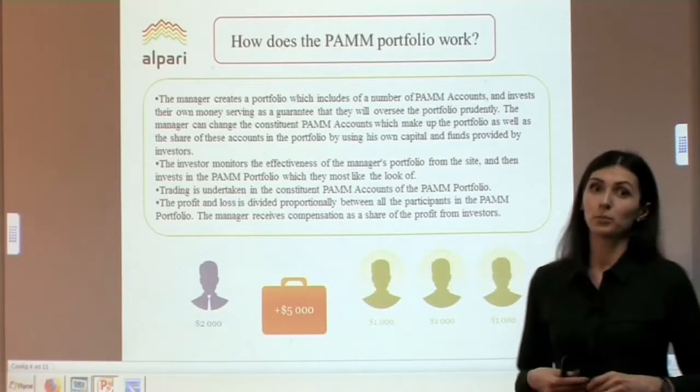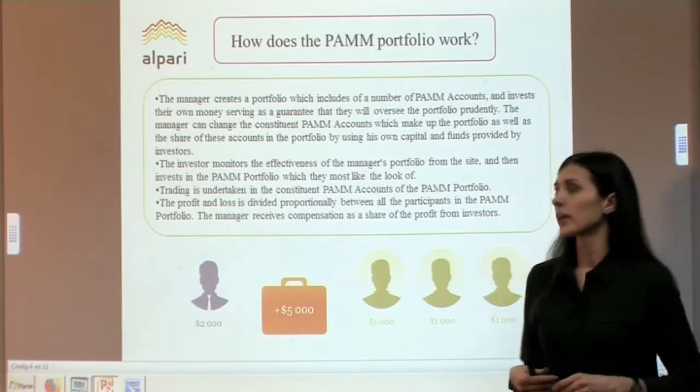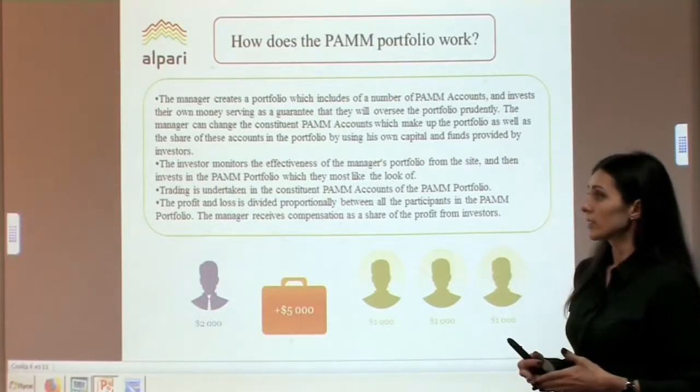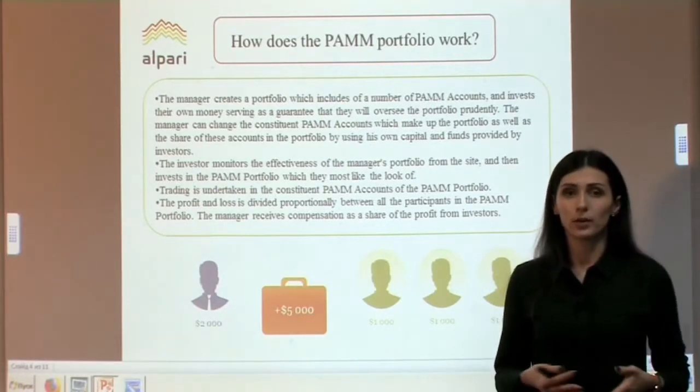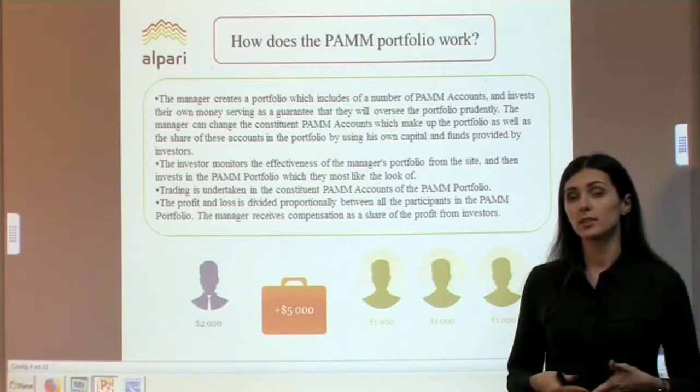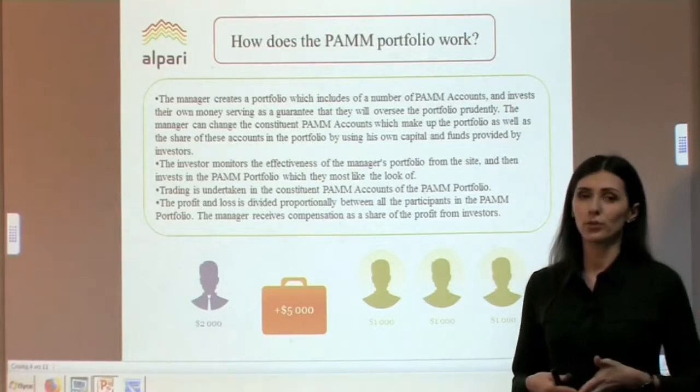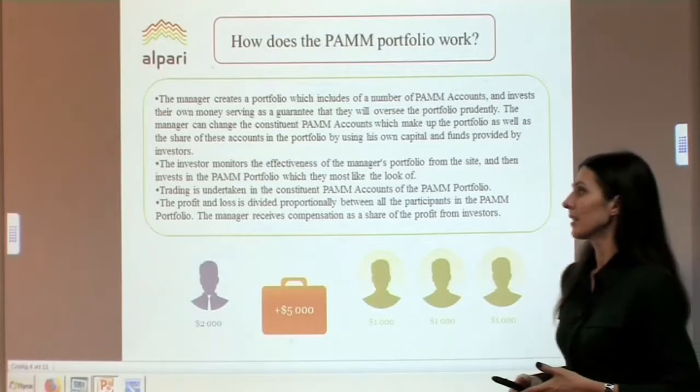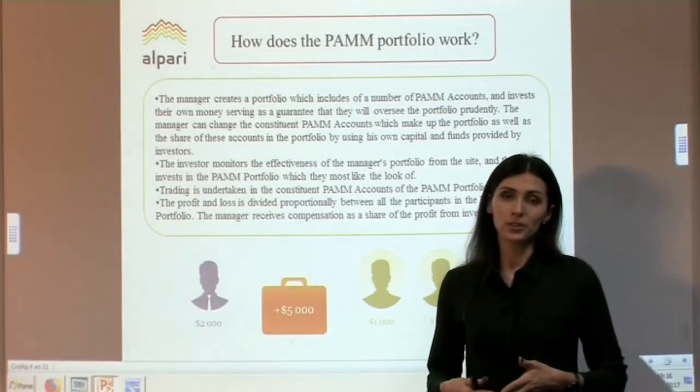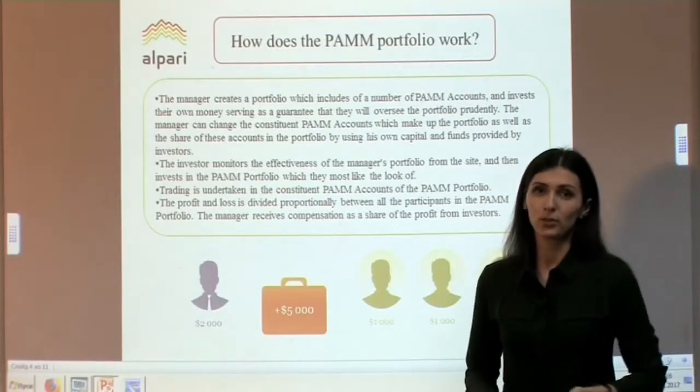Not more than 15% of your profit. Okay, after that you search through the PAM portfolio ratings to find the special PAM portfolio for your investment, and then of course you deposit funds to the PAM portfolio.